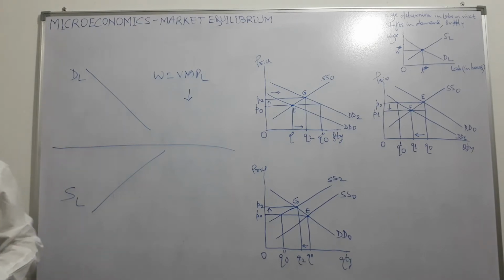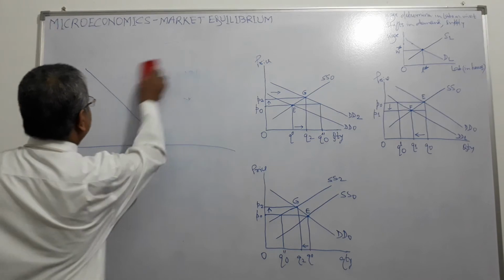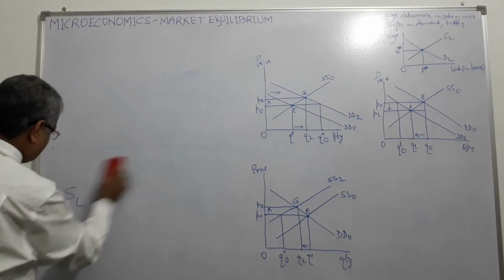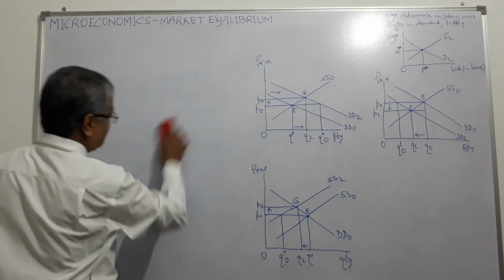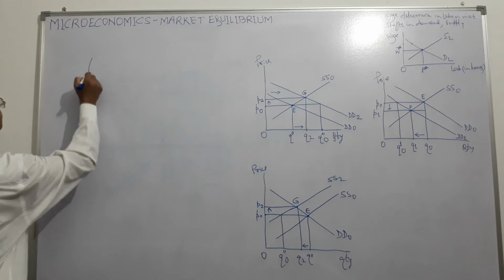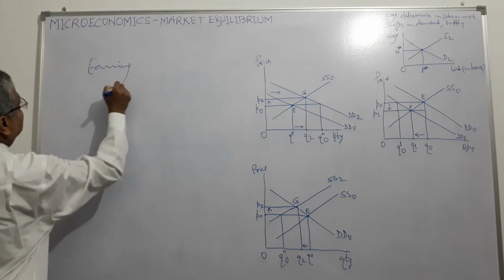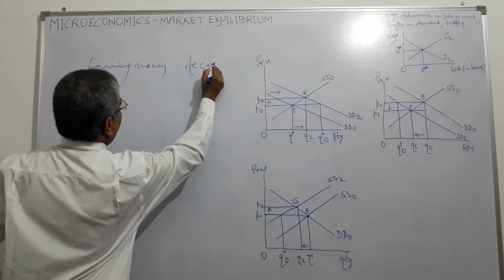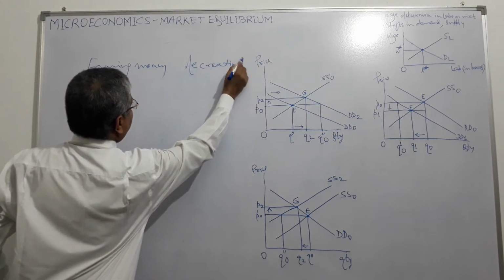Now, one more point in wage determination. What happens, you see? There is a trade-off between earning money and recreation or leisure, whatever you may say.